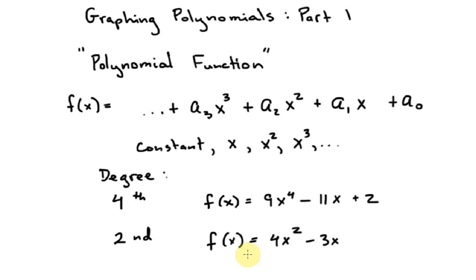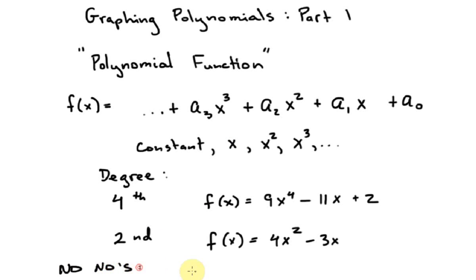What you don't ever want to see is something strange being done to x. X's are allowed to be squared and cubed and 4th and 5th and just plain old x. But these are the no-nos.